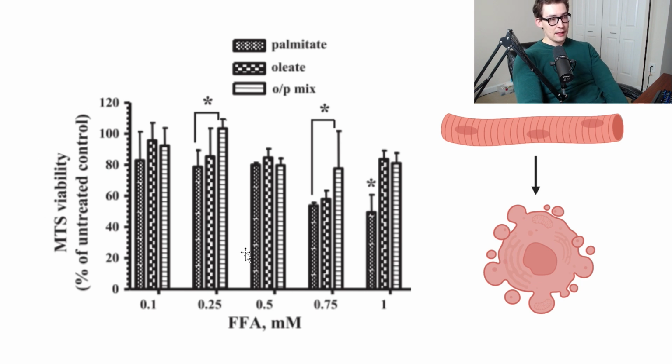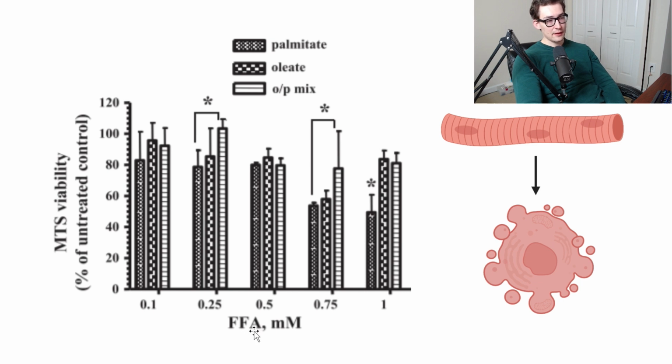This is the viability of the cells. So how many cells are still alive after 24 hours, let's say, of treatment of these fats to the cells. And what we find, and this is same as what they did in the last paper that they released on this, specifically looking at just palmitate.